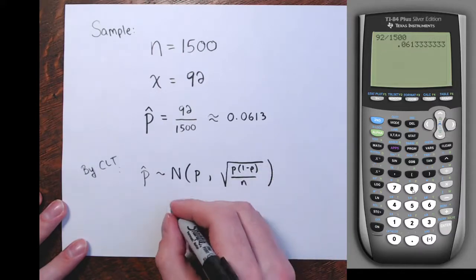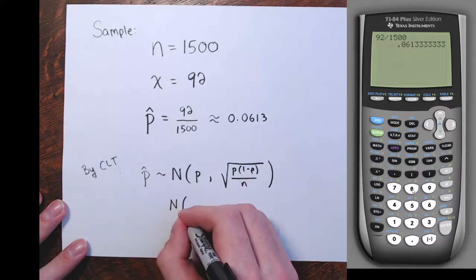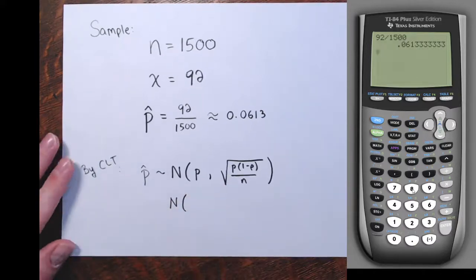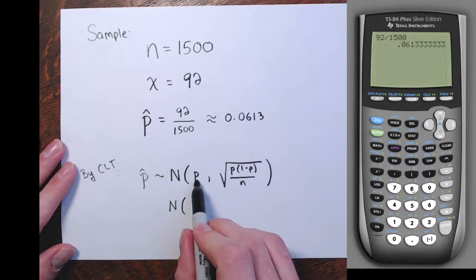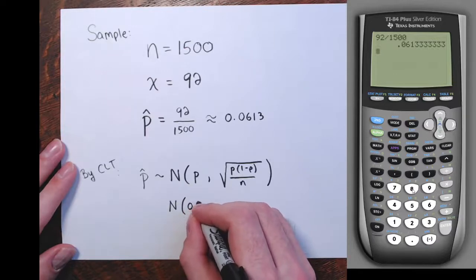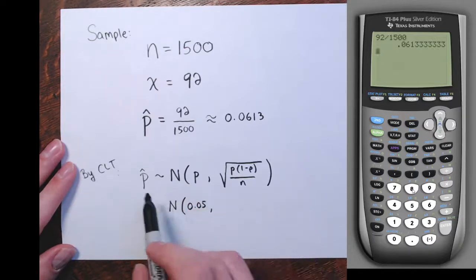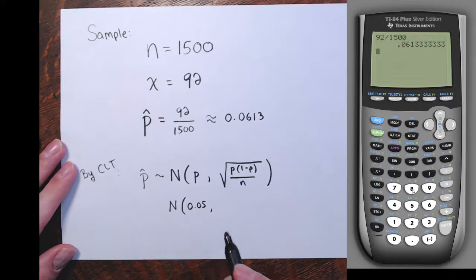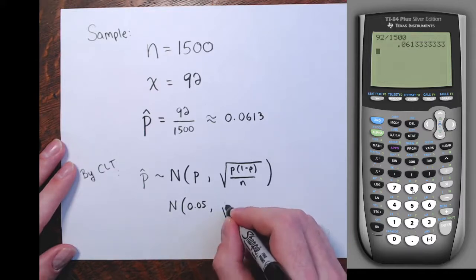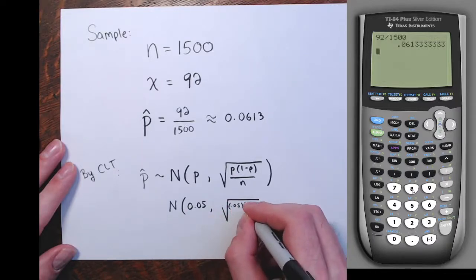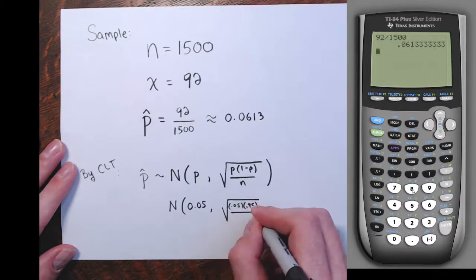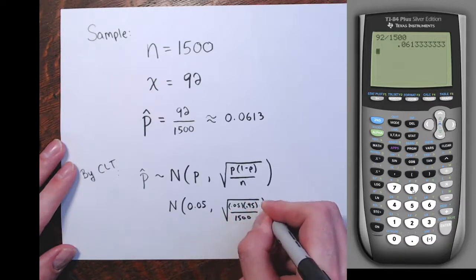Now p is assumed from the null hypothesis. I'm not using p hat here. This p we have assumed from the null hypothesis is 5%. So we have a normal distribution with a mean of 0.05, and a standard deviation of the square root of 0.05 times 0.95 divided by 1500.